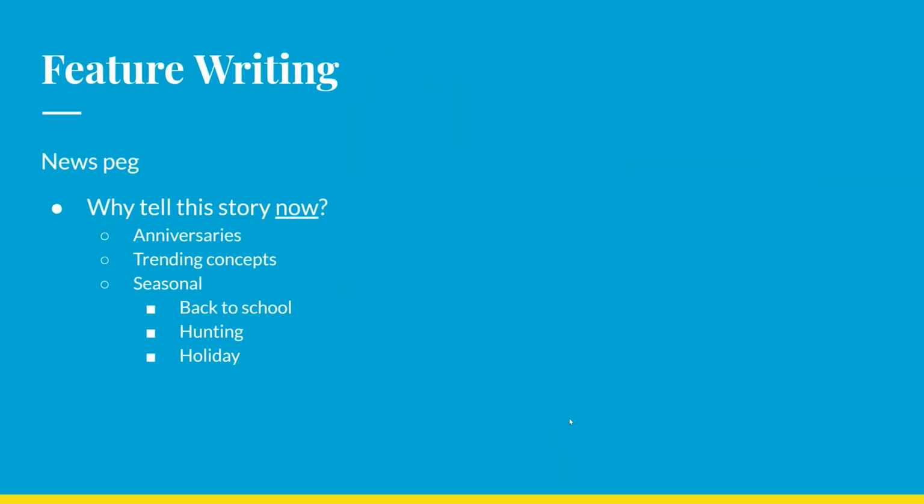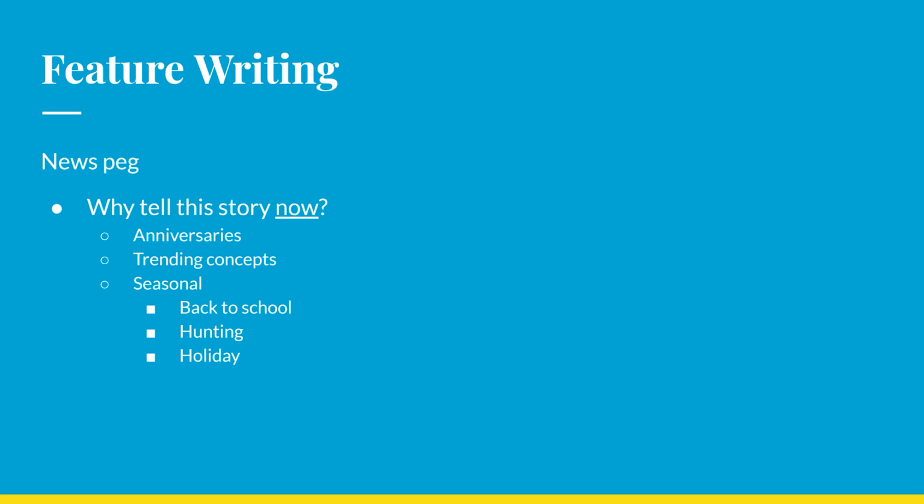Now, even though a lot of these concepts are sort of evergreen or things that you might be able to cover for multiple years or maybe at different times of the year, you do want to focus your writing on a news peg. So explain why this story should be published now.